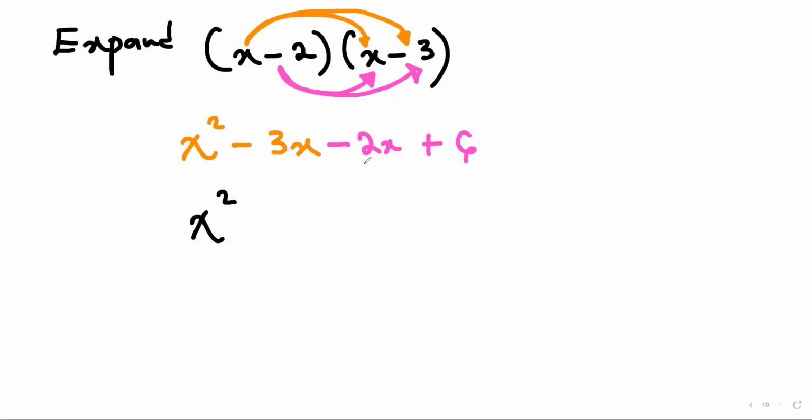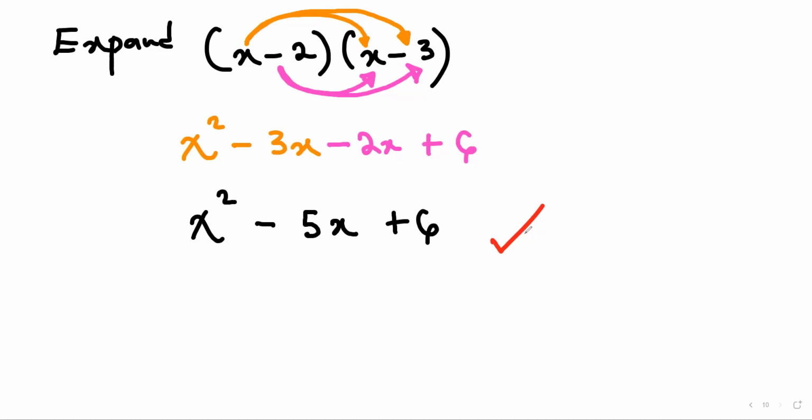Minus 3 take away 2, minus 5. Yep, it's going to be minus 5x and plus 6. And that's just it. You see it? Yeah. Okay, so you can write this down.